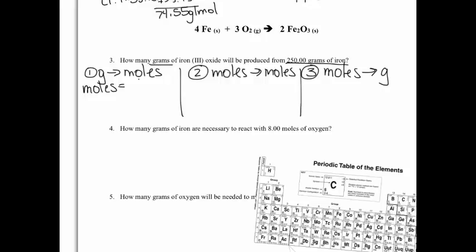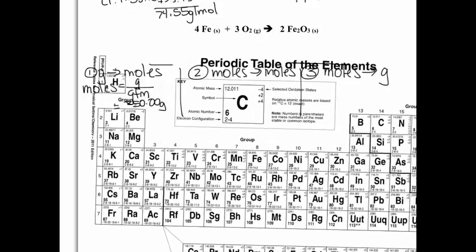And we're going to plug in our given mass and the GFM in order to solve for moles. In this case, our given mass was 250 grams of iron. So they're actually referring to this in our reaction right here. And the GFM of iron is simply its mass from the periodic table right here.